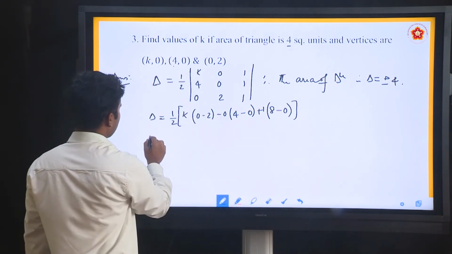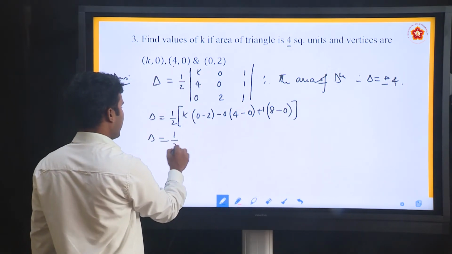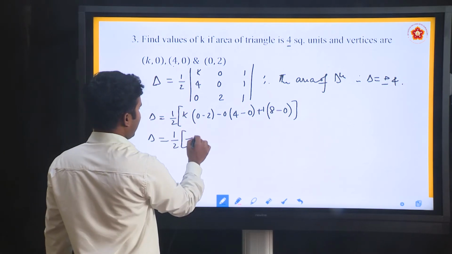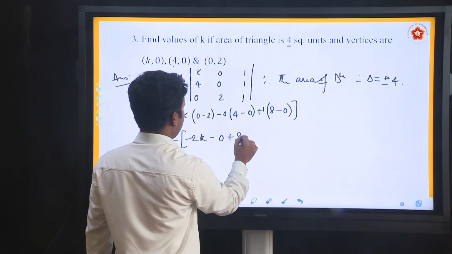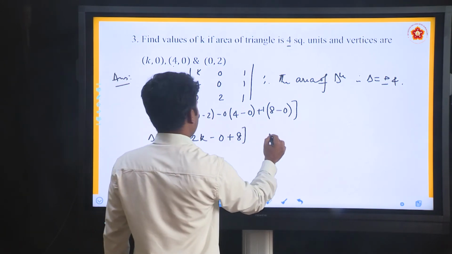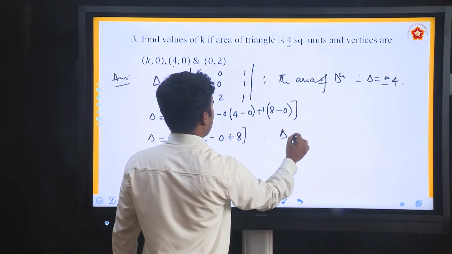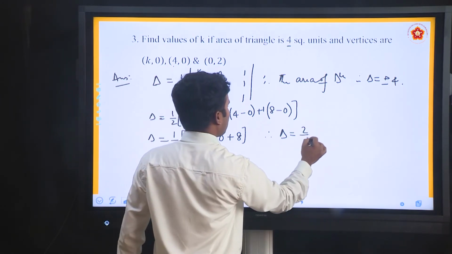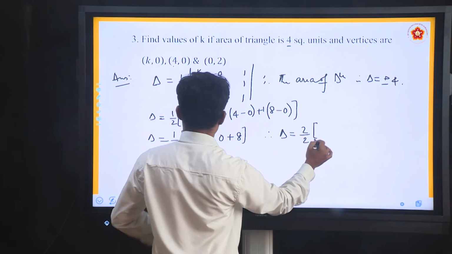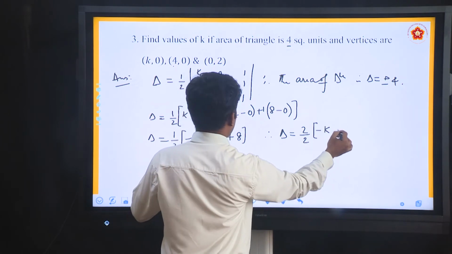So, delta is equal to half into minus 2k plus 8. You can simplify this: take 2 outside, 2 divided by 2 into minus k plus 4.